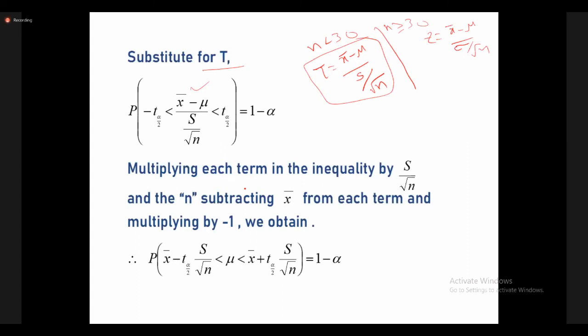Same procedure to find the interval. Multiplying each term in the inequality by S by root n, subtracting x bar from each term and multiplying with minus 1, we obtain the statement.